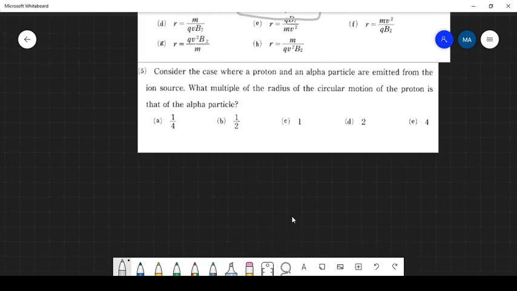So now the thing that you need to know over here, that the question has not given you, is this: if the proton has a charge of 1 and a mass of 1, the alpha particle has a mass of 4 and a charge of 2. How do you know this? You need to know it. It's like you know the proton has mass 1 and charge 1, right? This is the alpha particle.